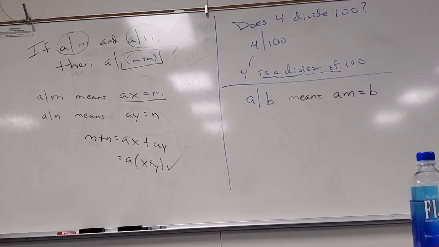By definition, it divides that. So 3 goes into 6. 3 goes into 12. Does 3 go into 6 times 12? 72. Of course it does. It has to. That's all that says. Okay. Does that make any sense?